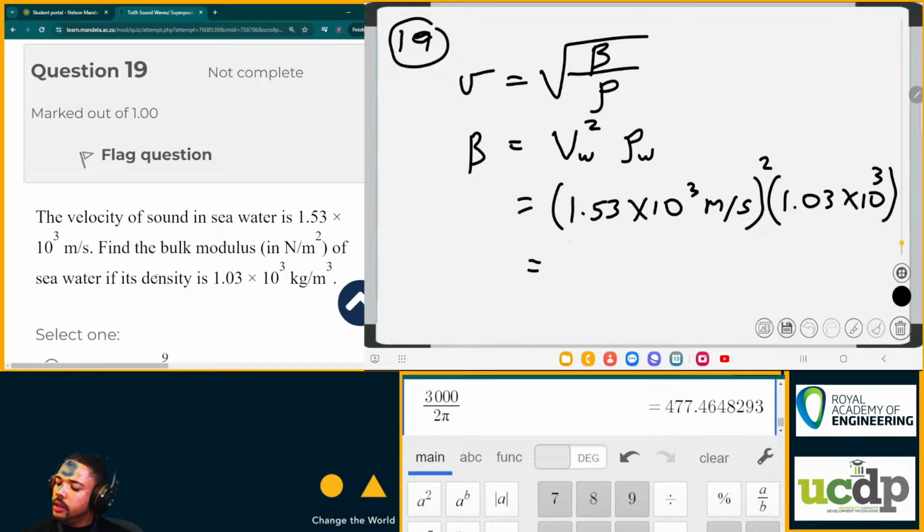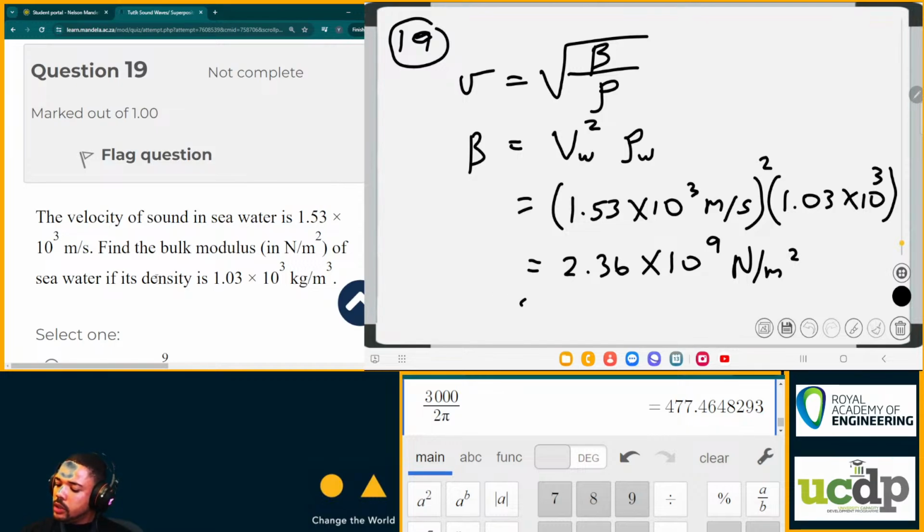Now if you multiply that out, you get that the answer is equal to 2.36 times 10 to the 9 newtons per square meter.